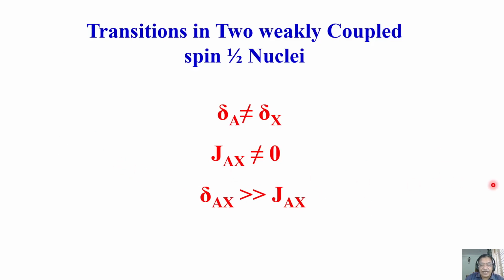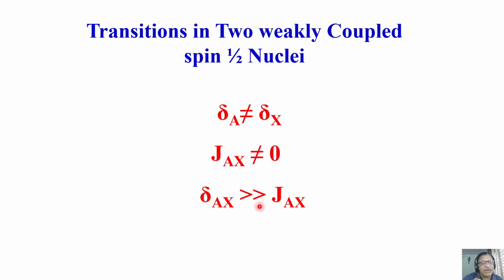This is delta AX, the difference between the chemical shifts of A and X. Let us say this is about 20 ppm. 20 ppm at 400 or 500 megahertz is about 1000 hertz, whereas the coupling constant JAX is normally of the order of 15 or 20 hertz, or less. This is the condition I am assuming: the chemical shift separation between the two spins is very much larger than the coupling constant.